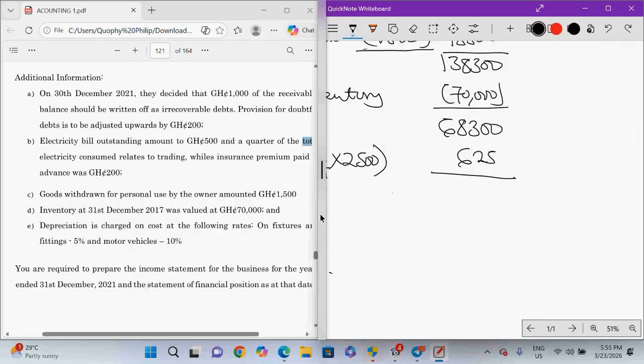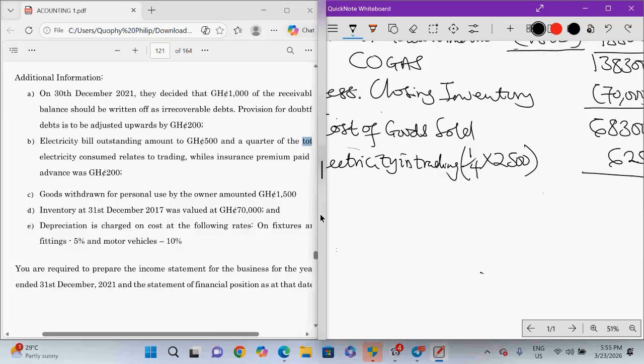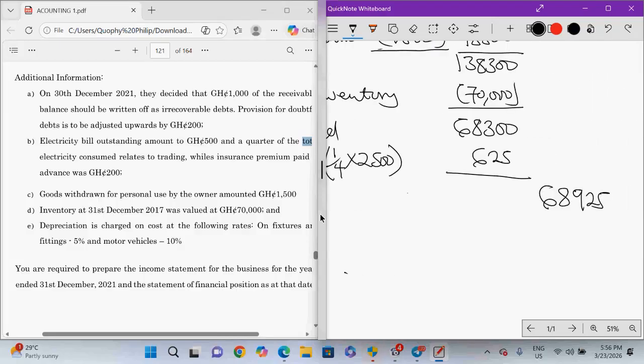So it says 68,925. So that is our cost of sales.